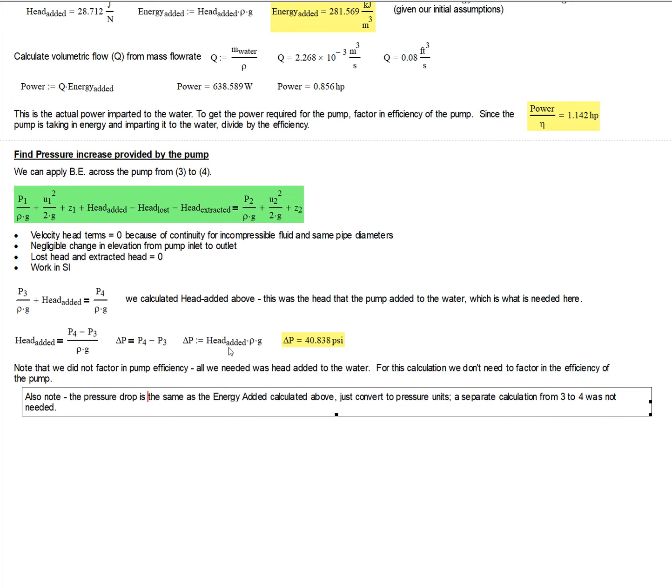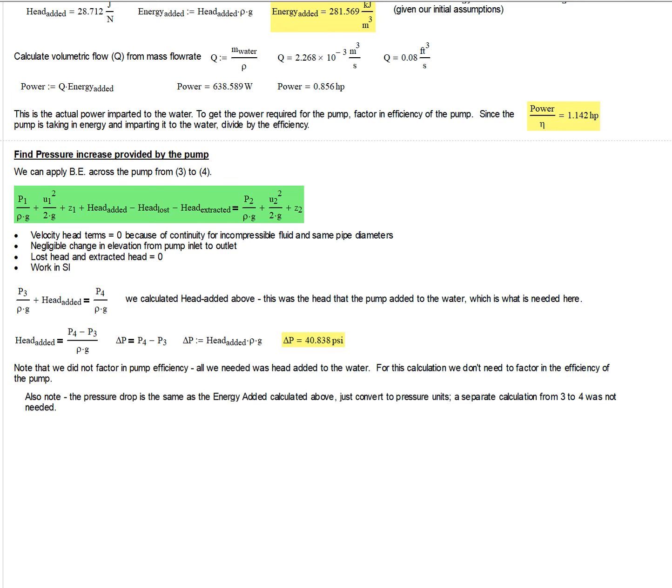All we're doing, like I said here, is just converting our energy units from things like joules per meter to psi. And so all I've done is just taken this and shown that we get basically the same number depending on just how we want to express it.